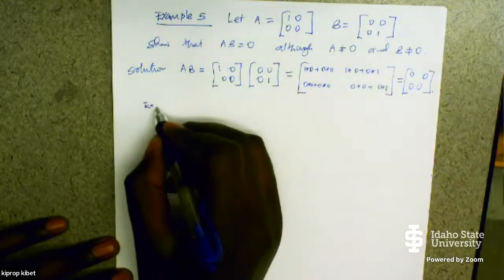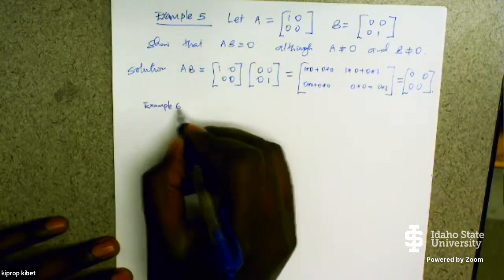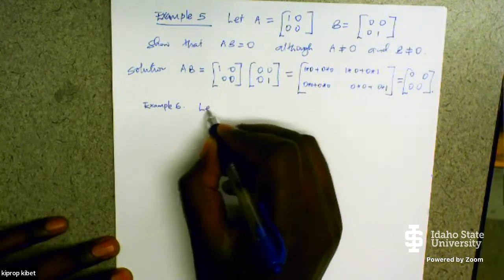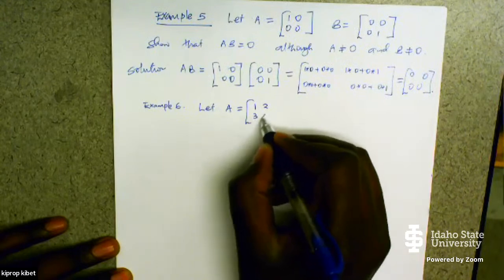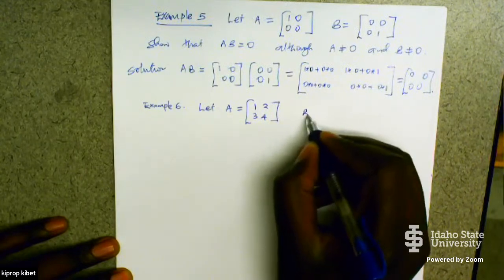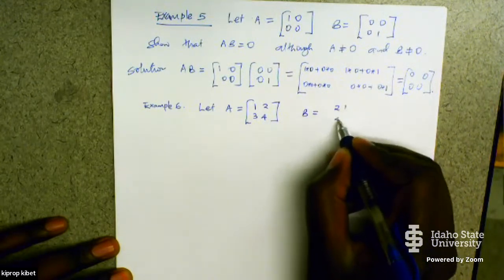Example number 6. Let A be equal to 1, 2, 3, and 4, and B equal to 2, 1, 4, and 3.